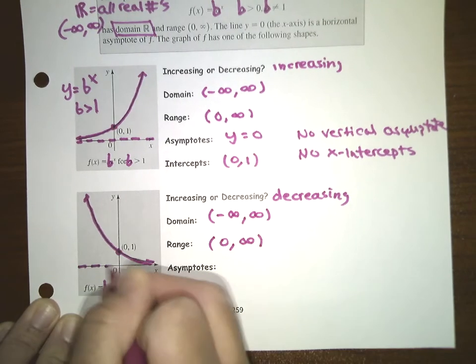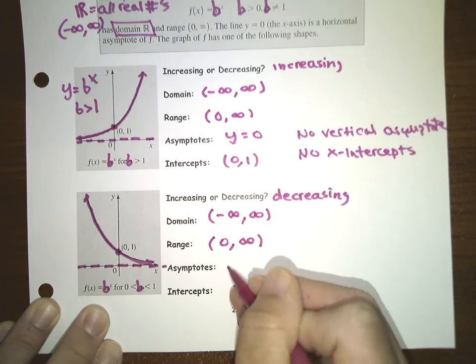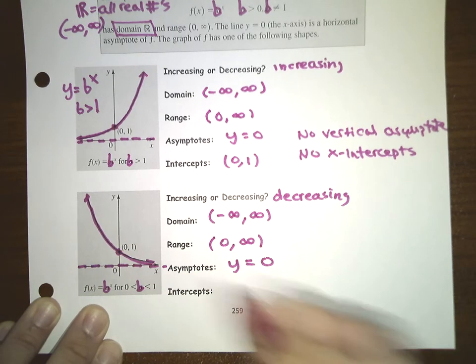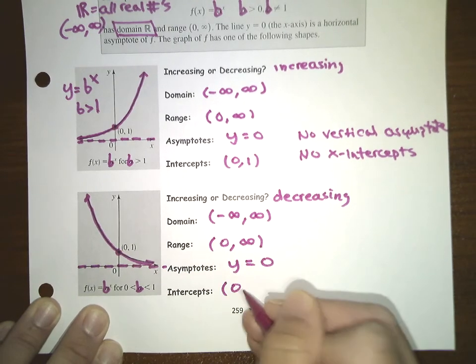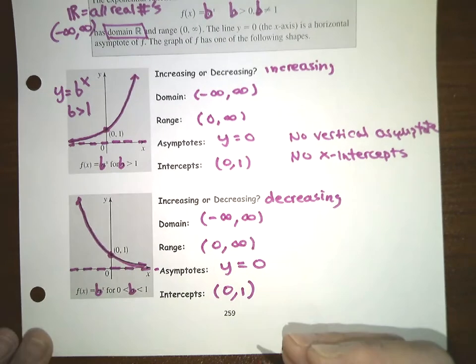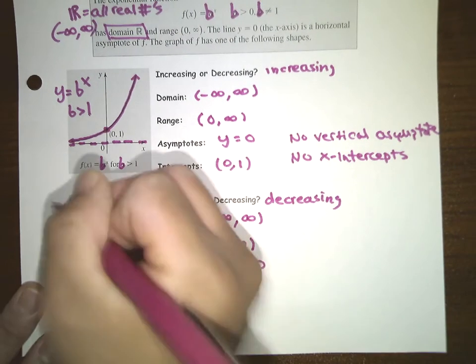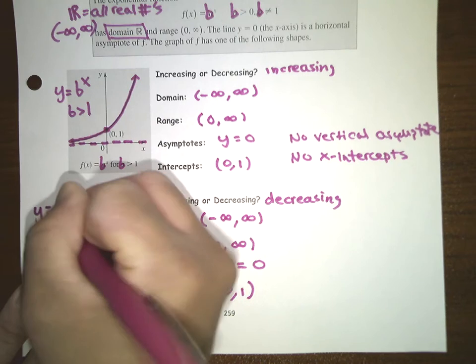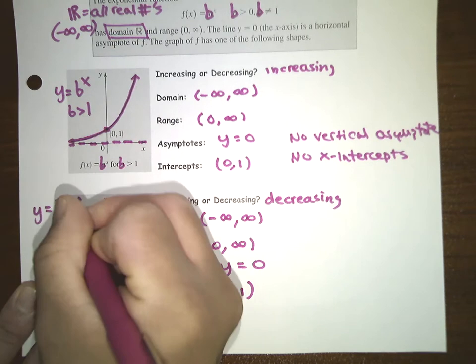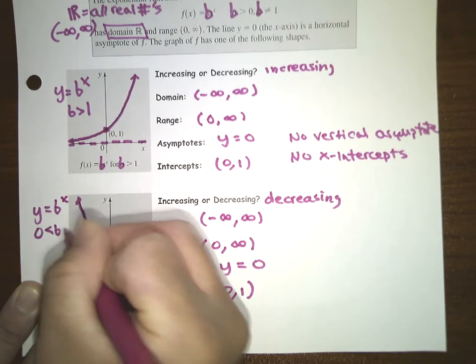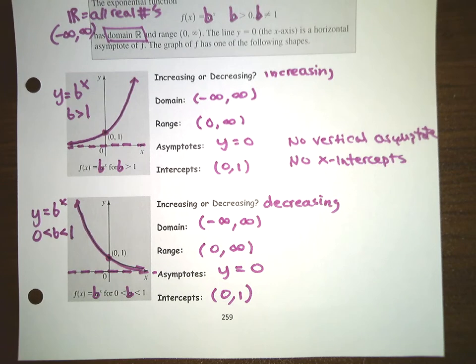It still has a horizontal asymptote at y equals 0, and it still has a y-intercept at 0, 1. So the main difference here then is that for this one, y equals b to the x, that base b is a number that is a fraction between 0 and 1. So hopefully that makes sense of what is going on here.